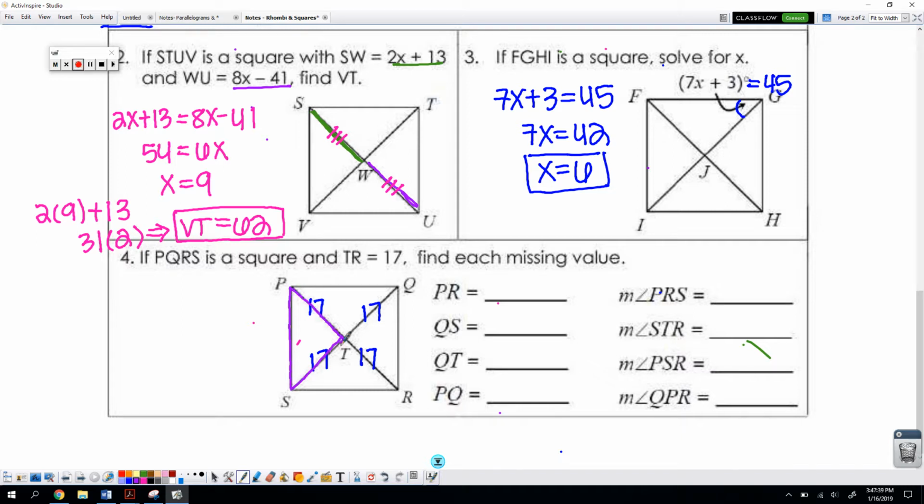It's not the only one I can look at, but I'm going to use it. So again, it's a 45, 45, 90. So I have 1, 1, square root 2. And my 2 smaller ones are both 17.